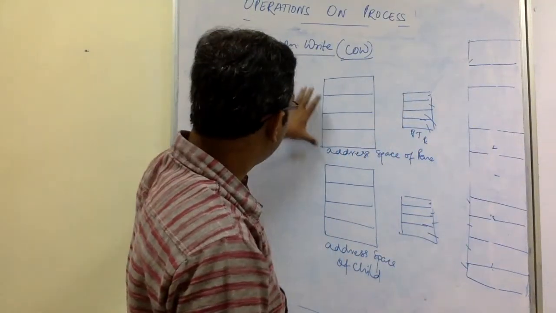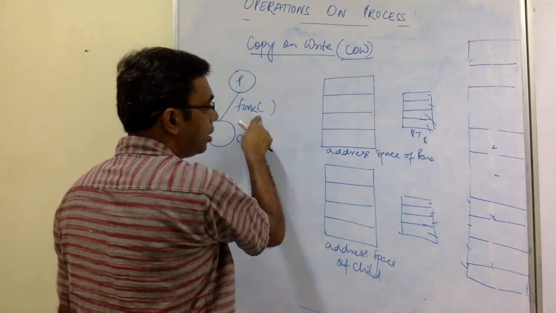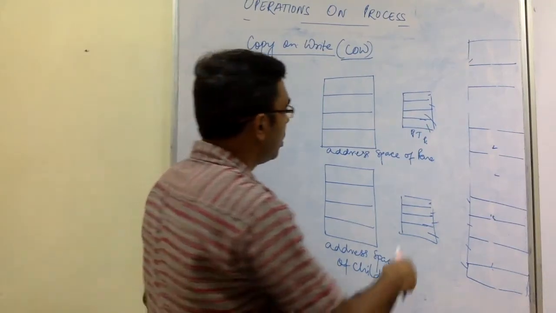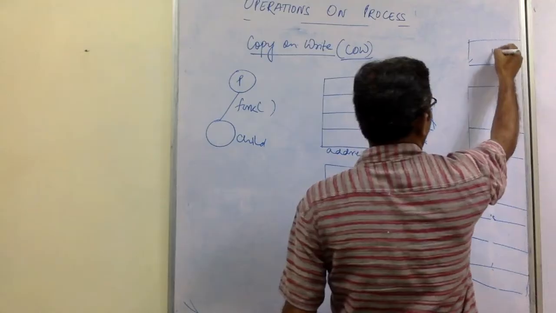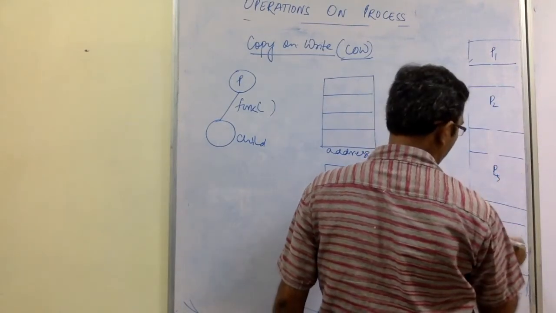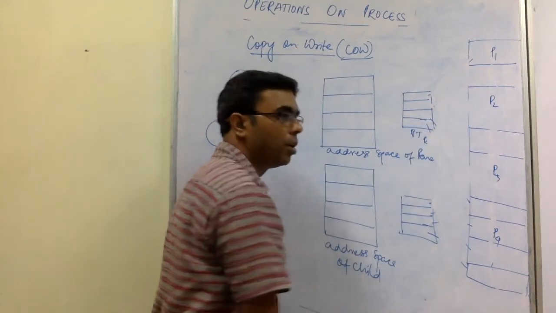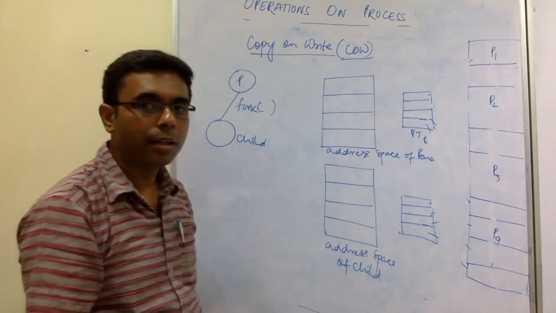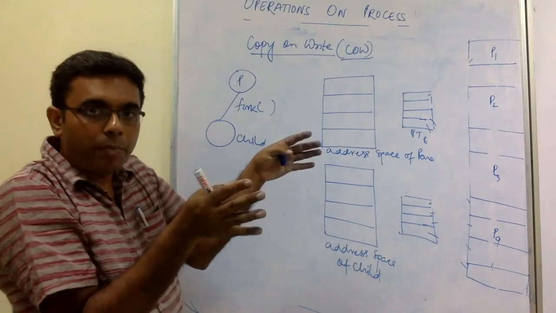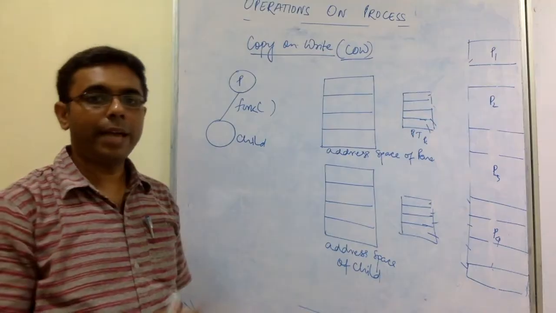So the moment a fork happens, the first thing that is done is, these pages are created, let's say page number 1, page number 2, page number 3 and page number 4. Instead of having separate pages for both parent and child, the same 4 pages are shared among both the parent as well as the child.